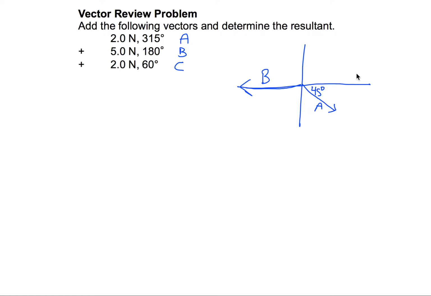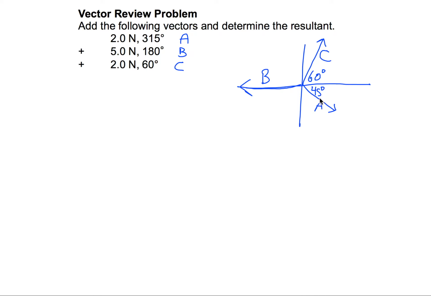And then we have vector C, which is 60 degrees. So it's going to be this way. And this is 60 degrees here. I have not drawn these to scale. I just wanted to visualize where these vectors were.